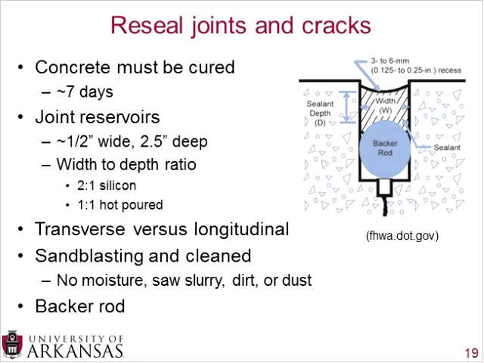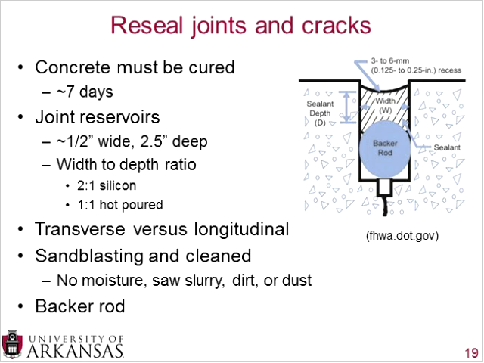If you use a silicone-based material, you can get away with a 2-to-1 ratio. But if you have a hot-poured material like an asphalt cement or some sort of tar-based sealant, it's usually a 1-to-1 ratio. It's important to think about what type of joint or crack you're sealing. A transverse versus longitudinal joint may have different mechanisms of future deterioration or things that could happen in the future.